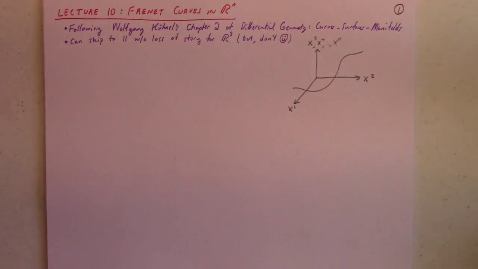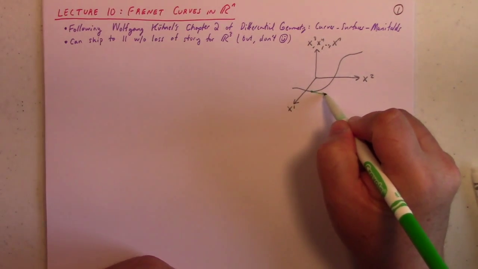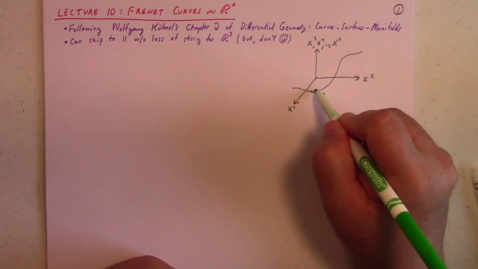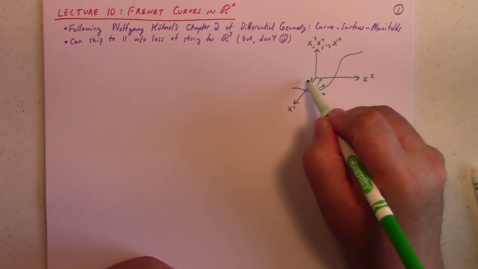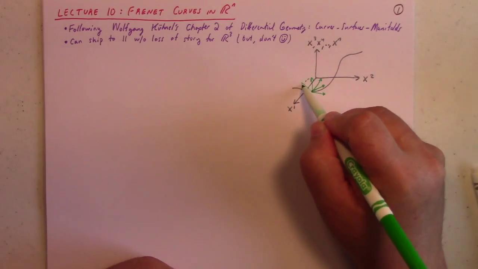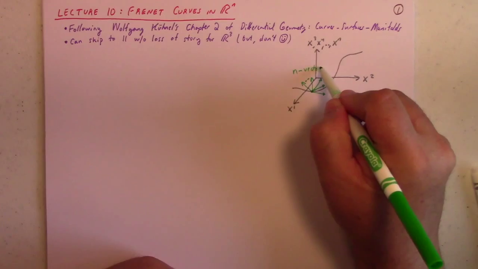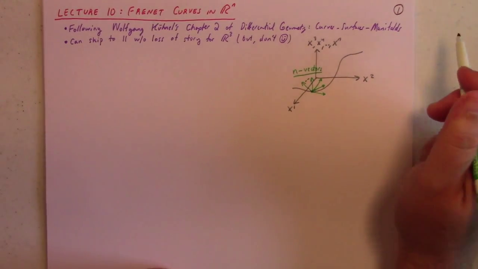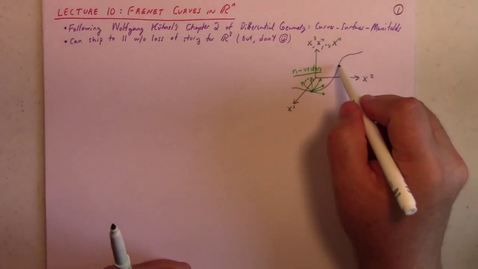And so at each point along the curve, you want to fit a frame. Well, it's not just one vector. How many vectors do you have to fit there? You need n of these at each point. And somehow that's going to define a Frenet frame along a curve in Rn.